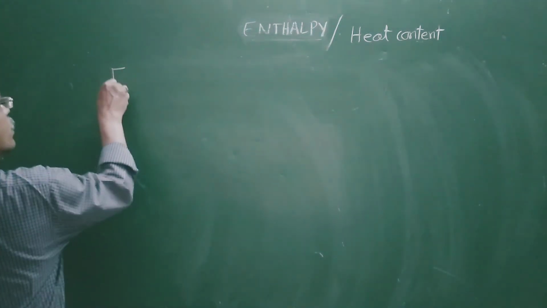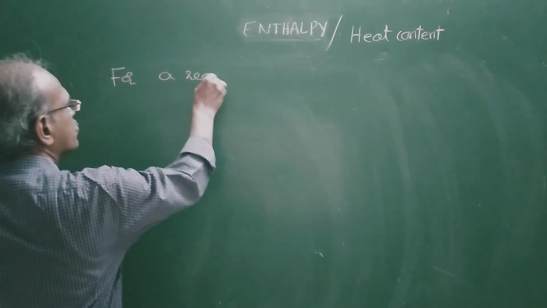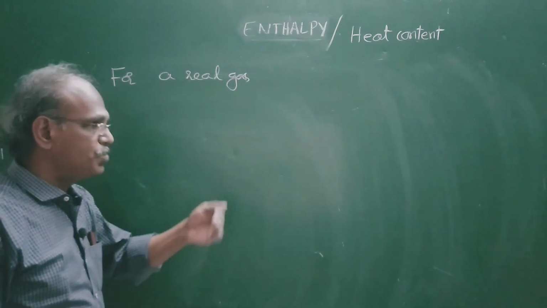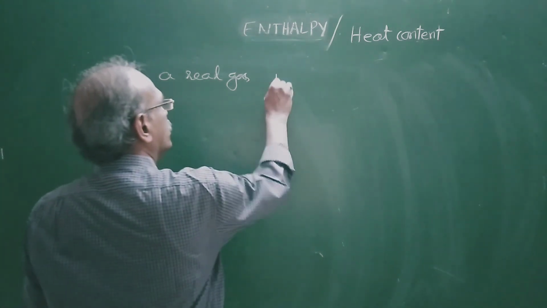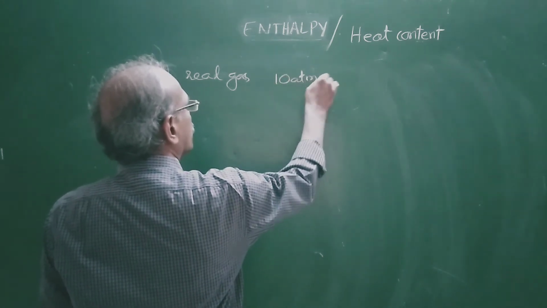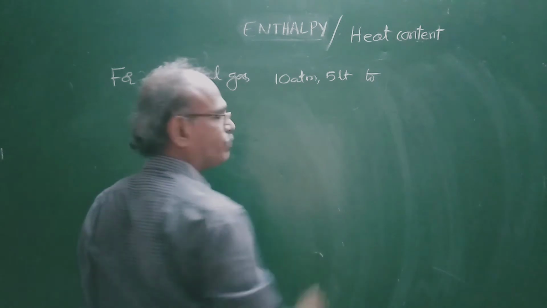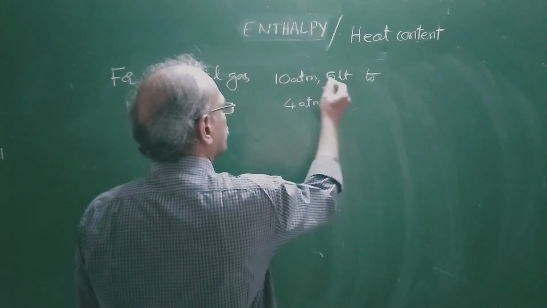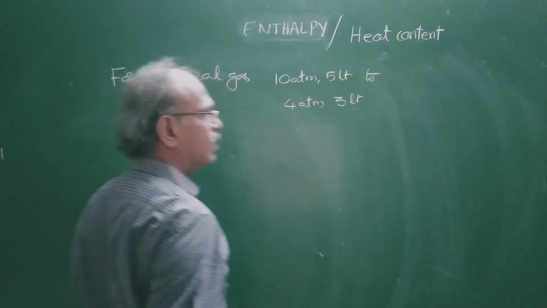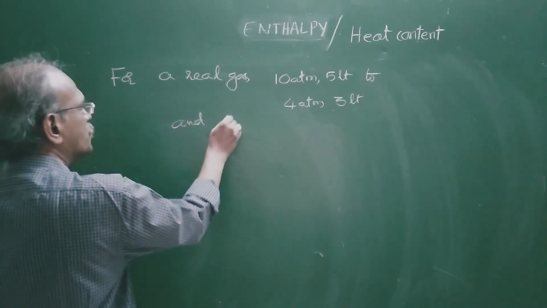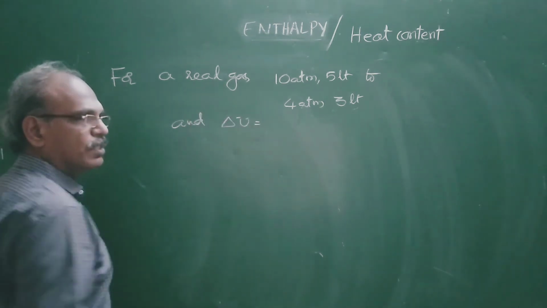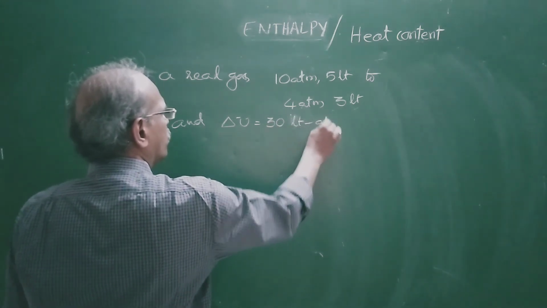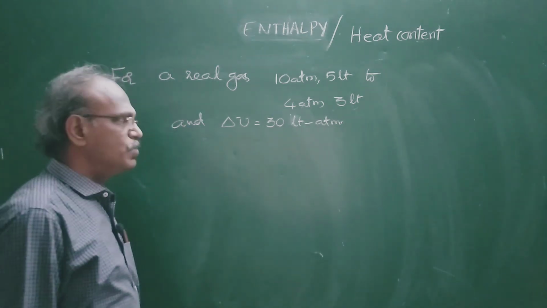See, for a real gas, say its state is changing from 10 atmosphere, 5 liters to 4 atmosphere, 3 liters, and the change in internal energy is say 30 liter atmosphere, no problem, 30 liter atmosphere.